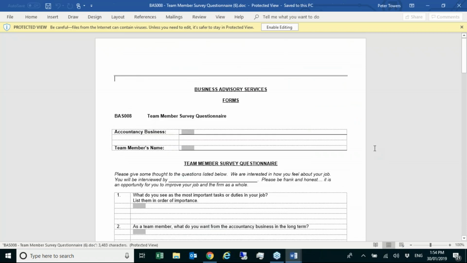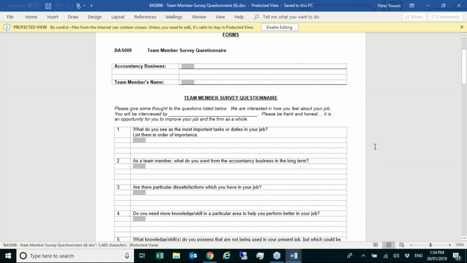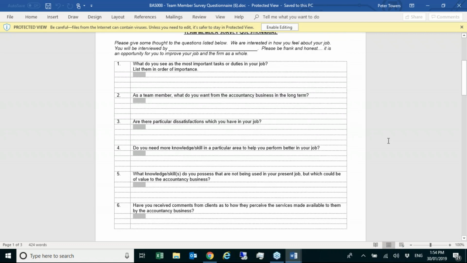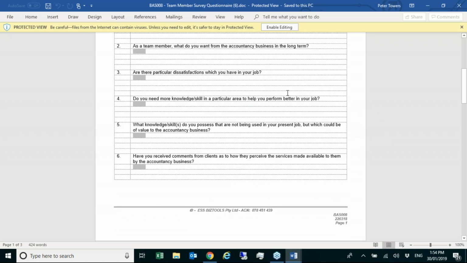Now you can get these forms from that original list that I showed you, but I just thought I'd show you just how that worked. So this is something that Francis, you might complete, but obviously if you had more team members and you obviously have one other there, you can get them to complete this. What we're trying to find out from this form is what don't they like about their job? What don't you like, Francis?